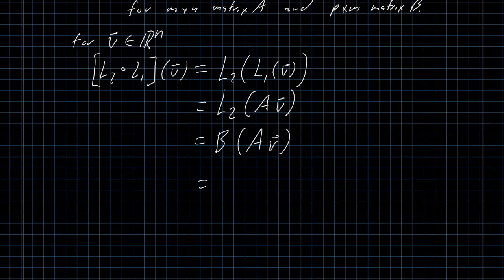For the next step, remember at this point that we have a bunch of matrix multiplication. B is a matrix, A is a matrix, and V is a vector, which is just a one column matrix.